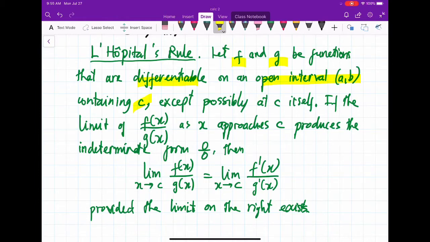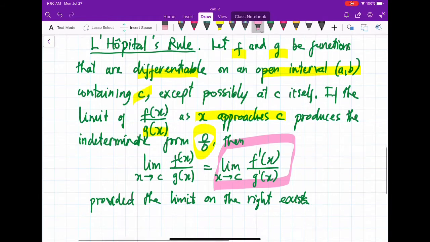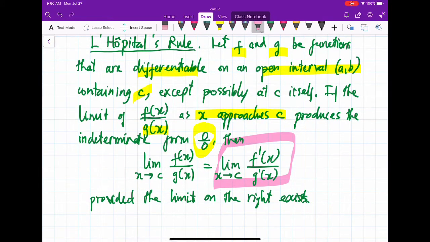And if the limit of f over g has the form 0 over 0 at c, when x approaches c, and the limit of the derivative of f divided by the derivative of g exists, then the limit of f over g equals the limit of the derivative of f divided by the derivative of g.